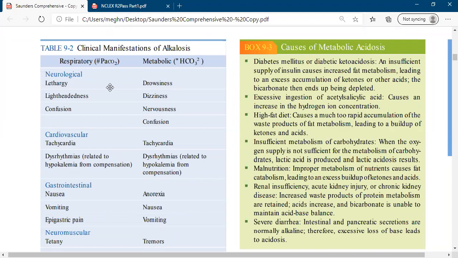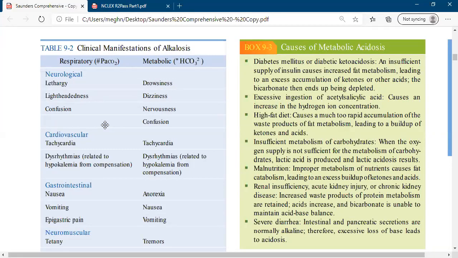And metabolic alkalosis, the patient has drowsiness or dizziness and confusion. It is the same as metabolic acidosis.